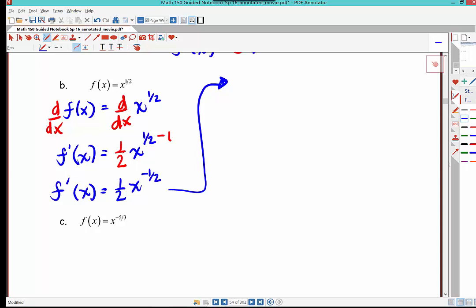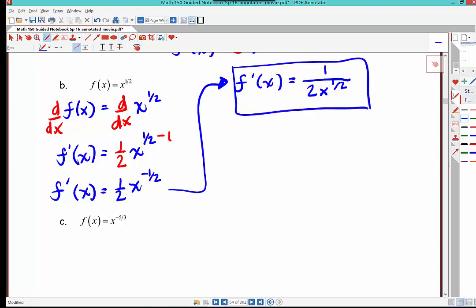So for this one, f prime of x is equal to 1 over 2x to the 1/2. We don't need to write it in radical notation because it was given as a rational exponent. Good so far? Great.